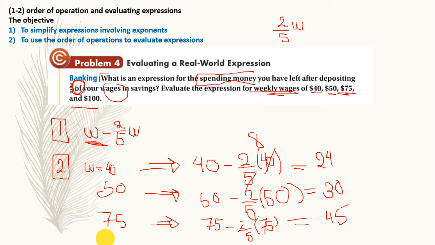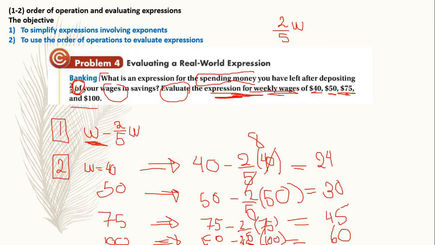Finally, if you have 100, then 100 minus 2/5 times 100 equals 60. That's for this part. It is really easy, but you need to evaluate the expression once it is given.